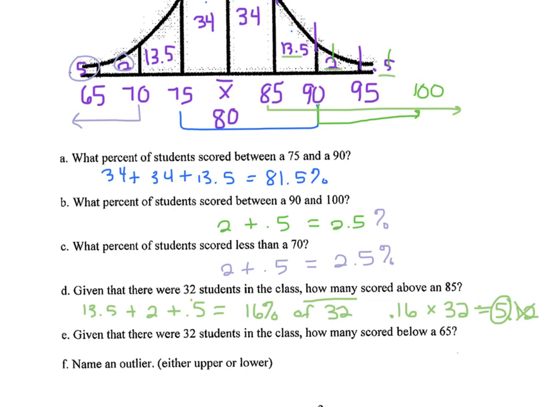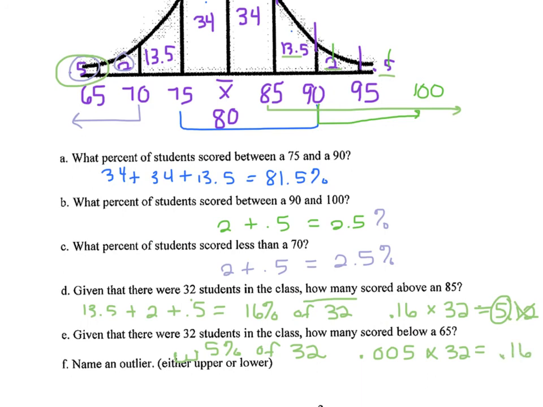How many scored below a 65? Well, only 0.5% of them scored below that. So what's 0.5% of 32? Well, we have to change that 0.5% to a decimal. So we take that decimal and move it 2 places, which is 0.005 times 32, which is 0.16.